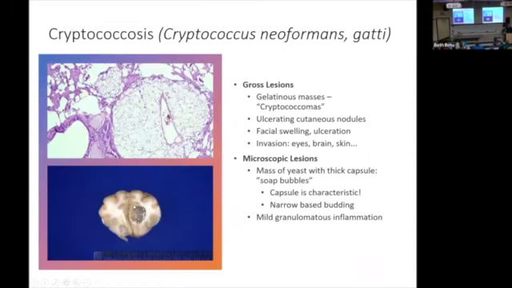Like this. There's one in the brain. This is a cryptococcoma. Here's what that looks like microscopically. So all of this is cryptococcal organisms, and all the white space is their capsules. So these tiny little dots here are the bugs. And then all this white space is their crazy capsule. Like soap bubbles.